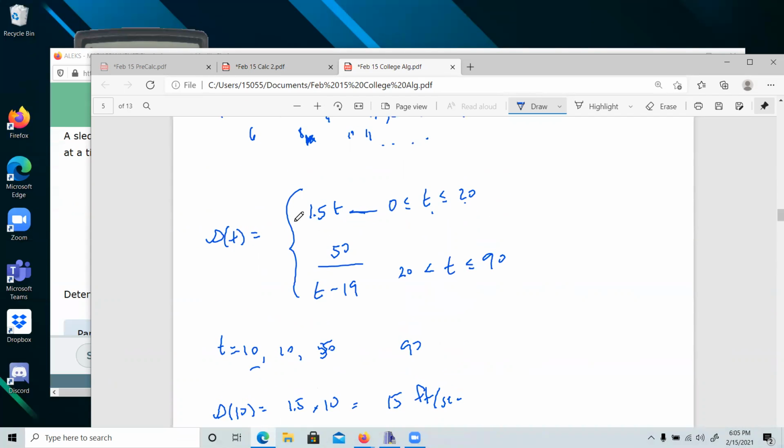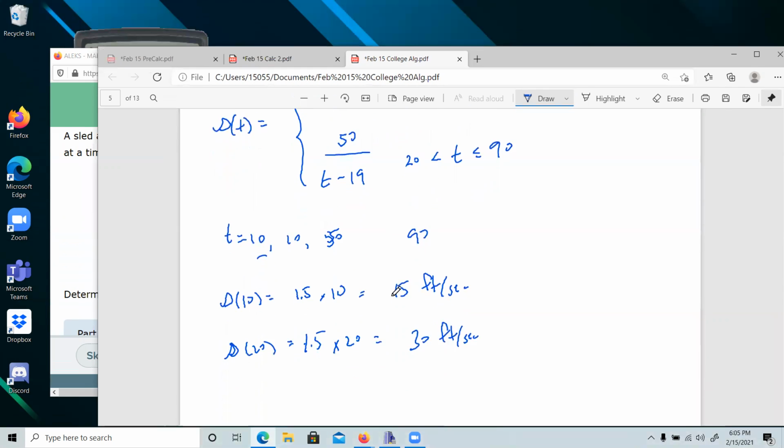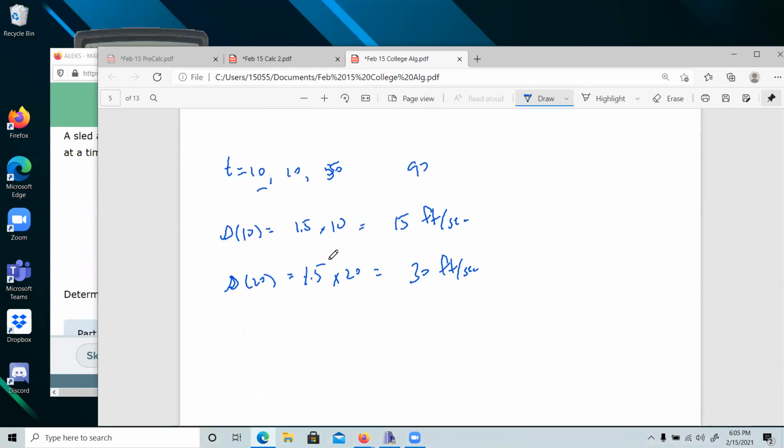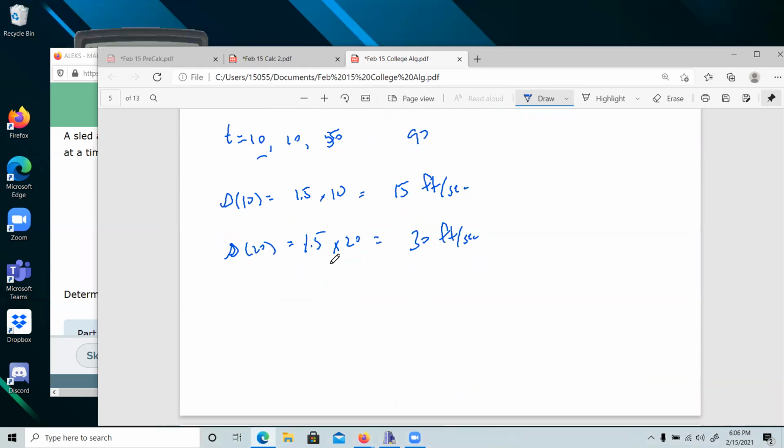Did I get the right function? Yeah, I did. 20 times 1.5 should be 30. Okay, I'll mark that.